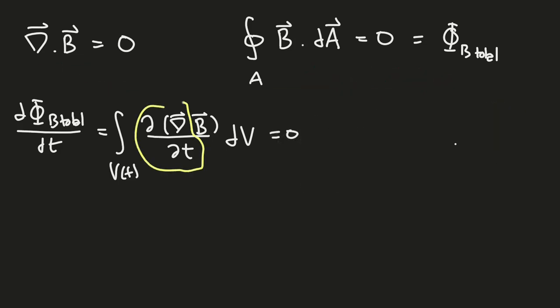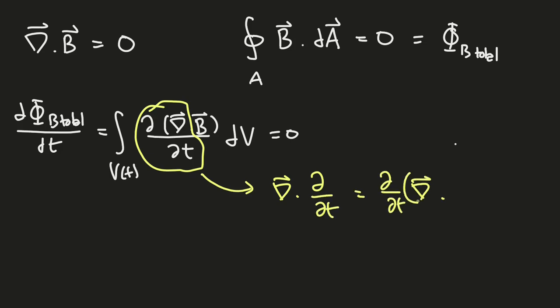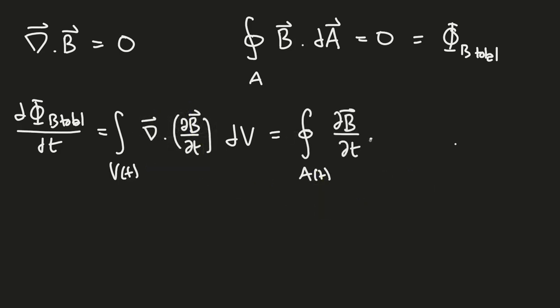And here, notice that partial differentiation with respect to time is commutative, so we can switch the order of the derivative such that the nabla here only differentiates spatially and the t here only differentiates on t, so we get the result as this by using the divergence theorem again.